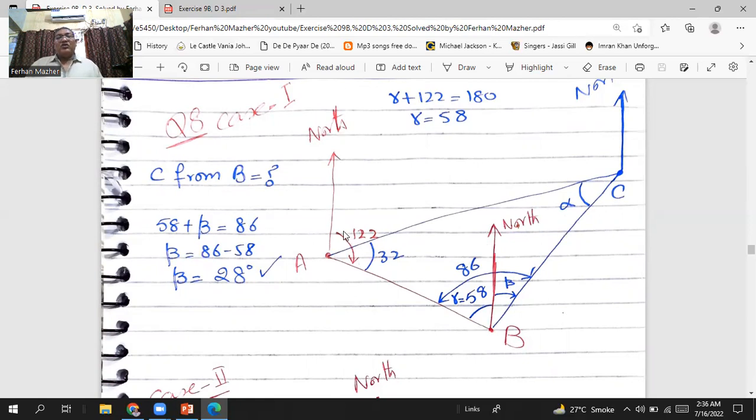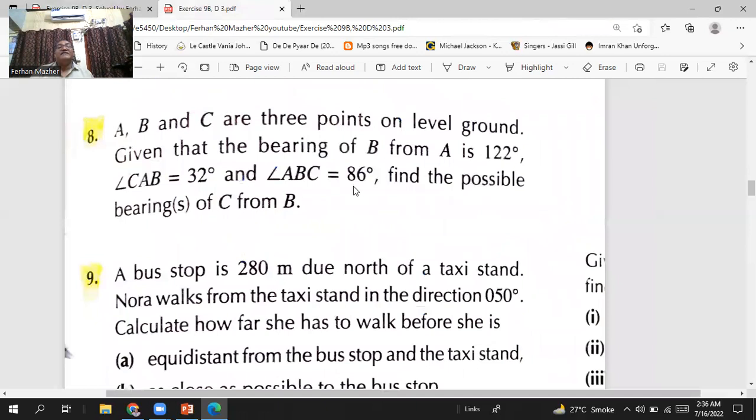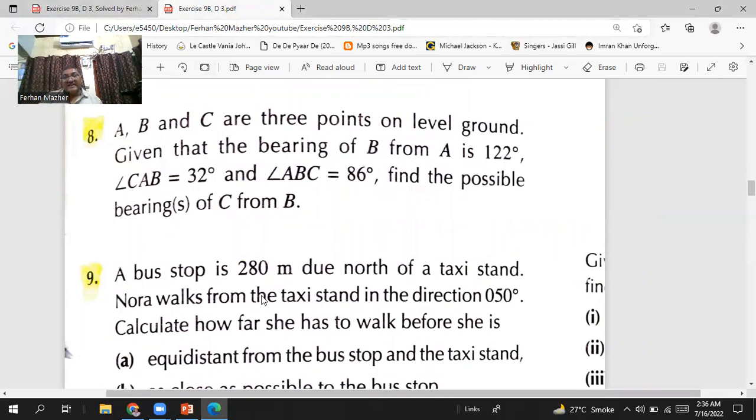Okay, so this gamma and this 122, they are basically allied to each other. So if you find the value of this gamma, so that will be gamma plus 122 equals to 180. Gamma will be 58. So this angle will be 58. But the internal angle given in that question, that angle ABC, is 86.